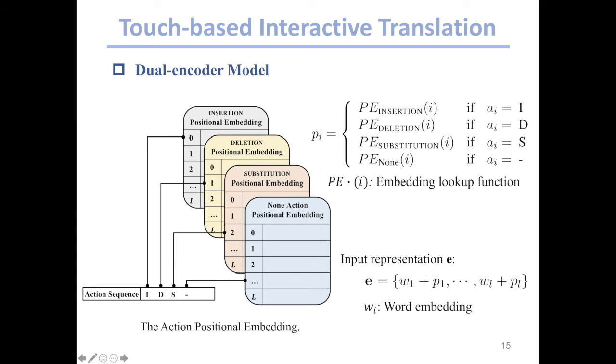The action positional embedding includes 4 embedding matrices: a non-action embedding, and 3 action positional embeddings for insertion, substitution, and deletion. For the s-th word in a sentence, the model first chooses the corresponding position embedding matrix based on the s-th action, and takes the s-th row of the matrix as the positional embedding of the word.